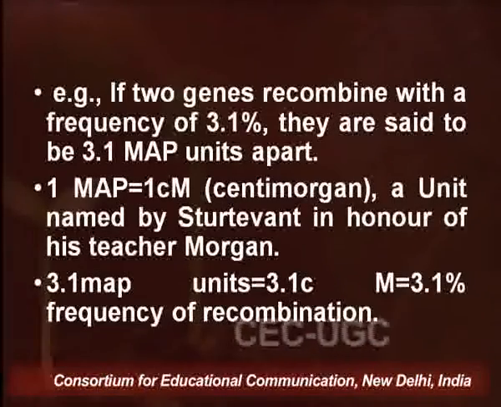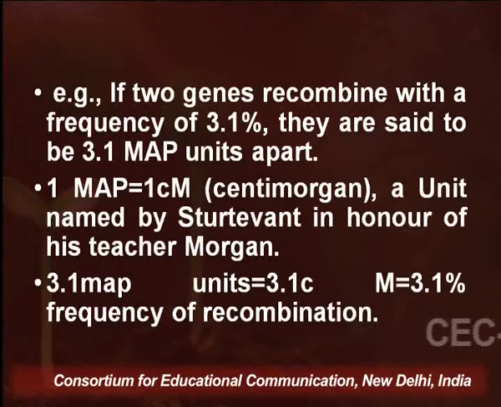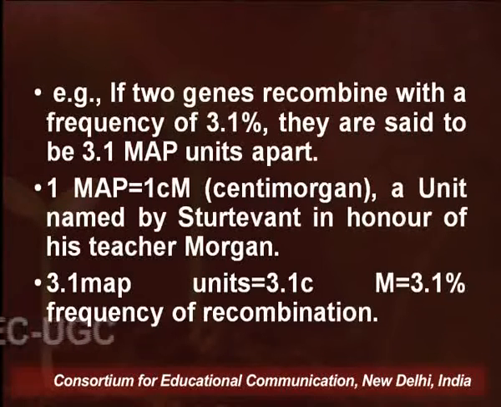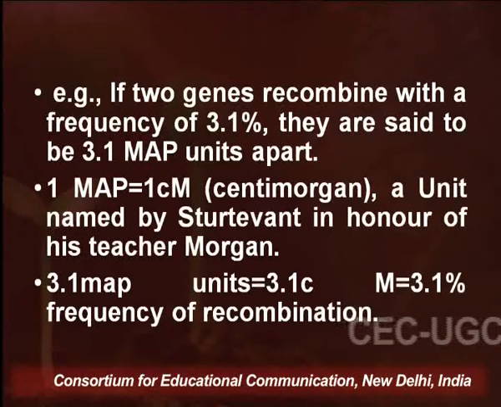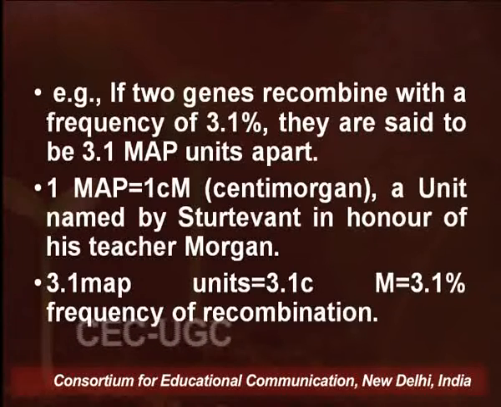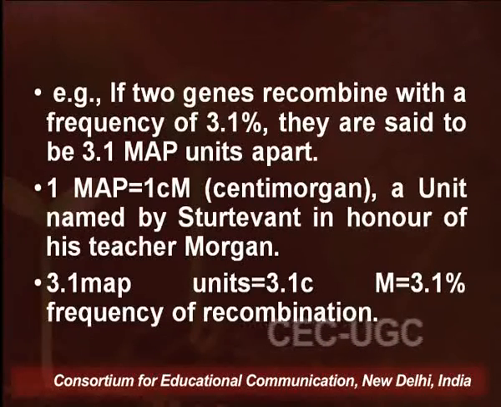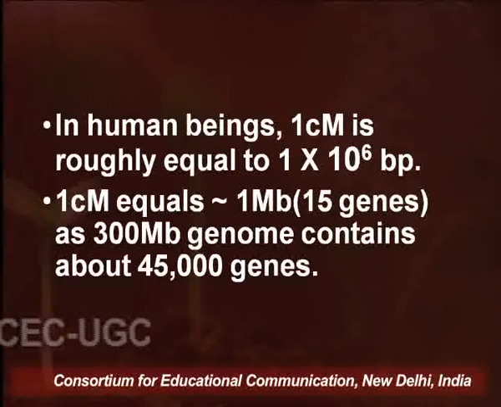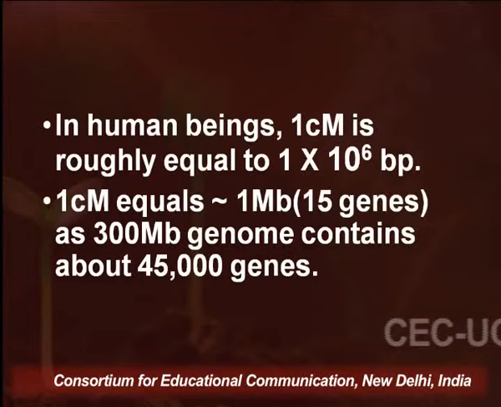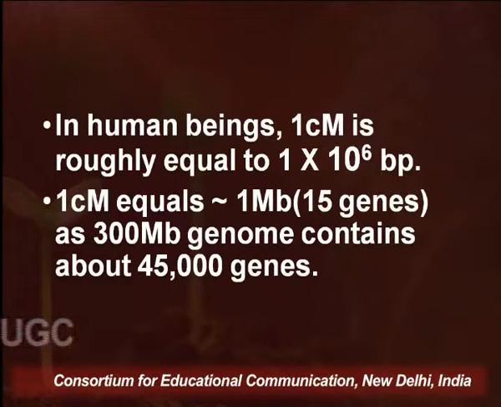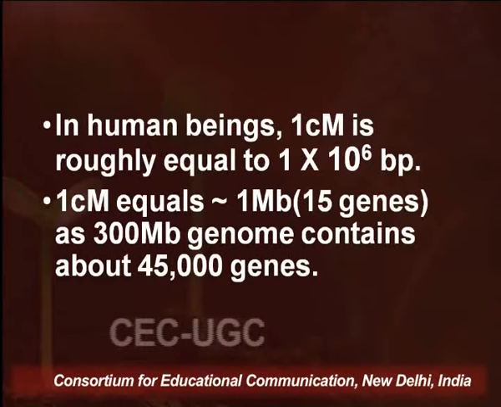He said that one map unit is going to be a designation for 1 centimorgan. Centimorgan is a unit which was given by Sturtevant in honor of his teacher Morgan. So we could use either of these units. 3.1 map units is equivalent to 3.1 centimorgan, which is equal to 3.1% frequency of recombination. Learners, you must remember 1 centimorgan would be equal to 1% recombination frequency, which means 1 map unit.